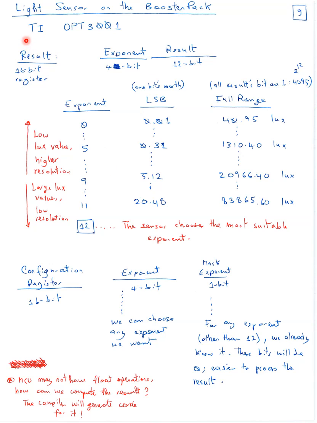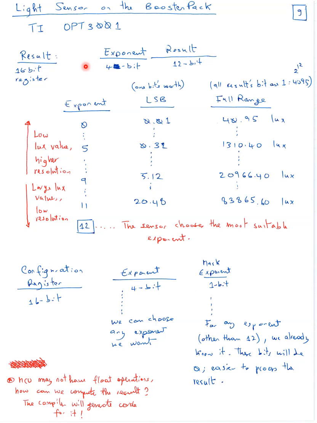This is the sensor model number, also made by TI, the OPT3001, and it has a 16-bit register. It has multiple internal registers, kind of like our example, and the result register is 16-bit. That's how we get the value, the light reading.